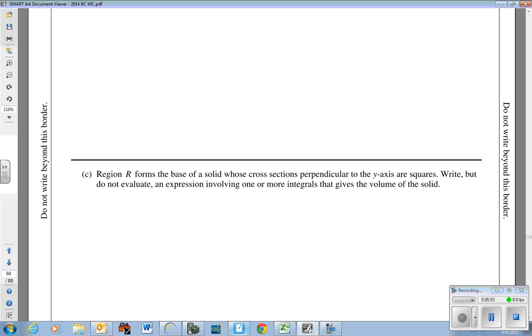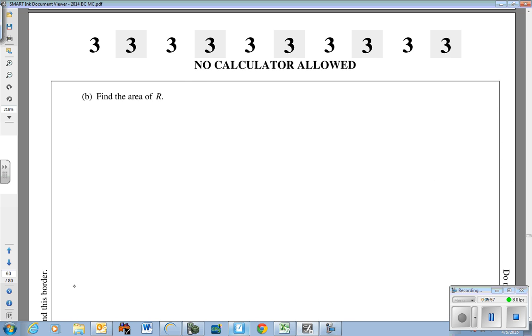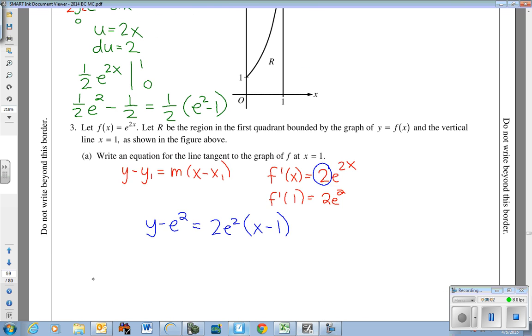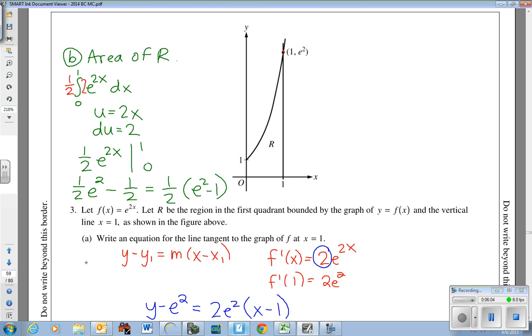So this is one of these cross-sectional area volumes. Again, I'm going to solve it up here where I have some space. I know that my cross sections perpendicular to the y-axis are squares. So down here at the bottom, if you could try to visualize, those squares would be kind of like that, because it's a wider section of the graph.